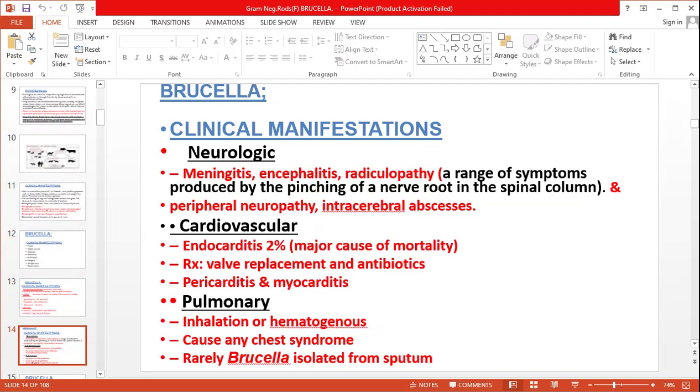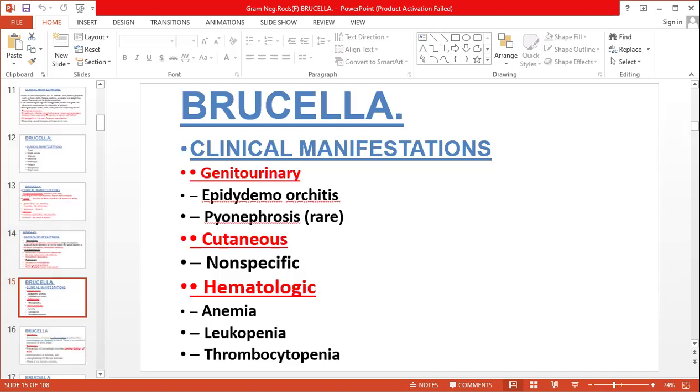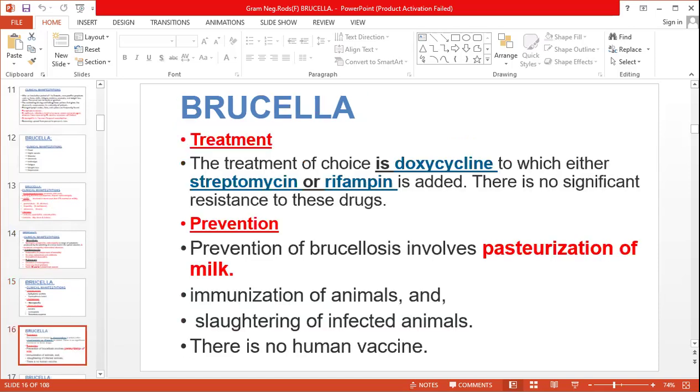The cardiovascular problems are endocarditis, pericarditis, and myocarditis. Pulmonary involvement by inhalation or hematogenous spread can cause chest syndromes; rarely is Brucella isolated from the sputum. Genitourinary manifestations are epididymo-orchitis and pyelonephritis, cutaneous findings are non-specific, and hematologic findings are anemia, leukopenia, and thrombocytopenia.